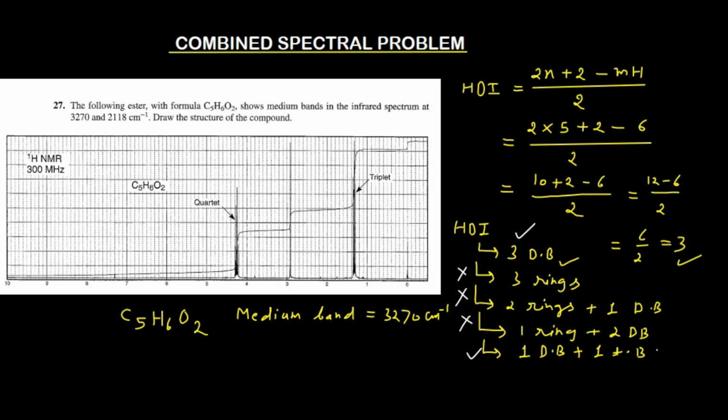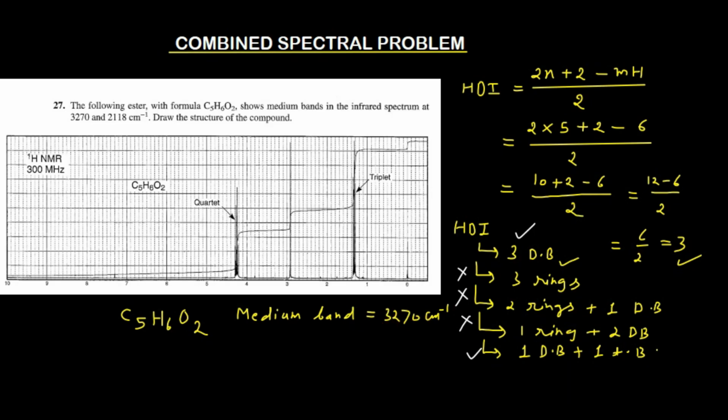With the help of the spectrum, you can quickly predict the answer. If this is a medium intensity band, that means the bond is not that polar, and 3270 is somewhere in the region of the hydroxyl group sometimes, or the NH group sometimes, but those are very polar and give a very strong band.